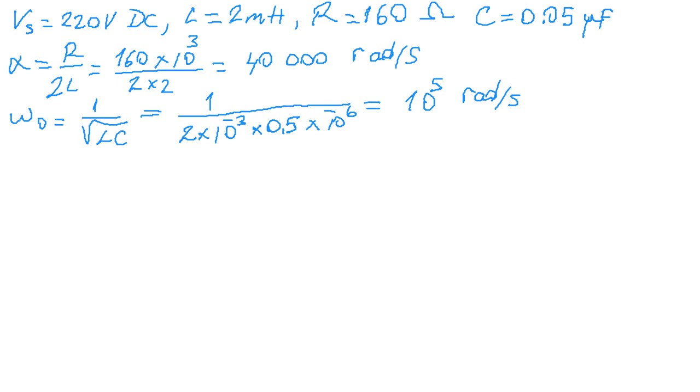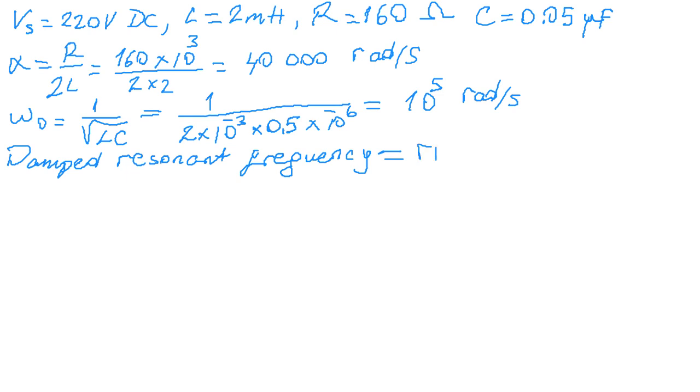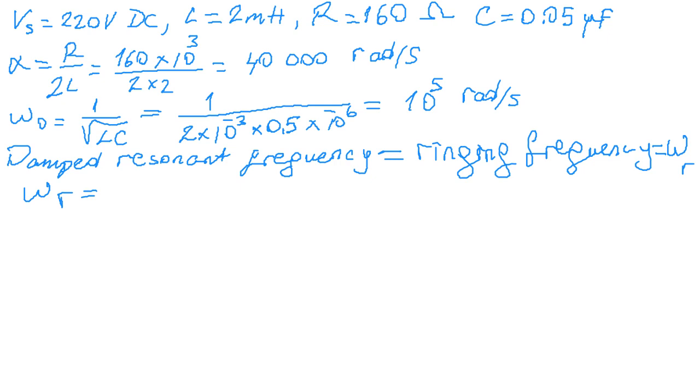Damped resonant frequency, or ringing frequency, which is equal to omega R. Omega R is equal to the square root of omega O squared minus alpha squared.